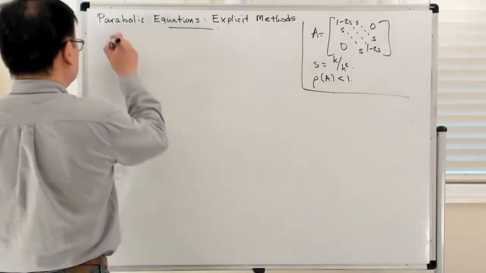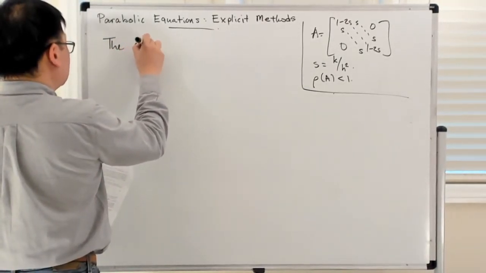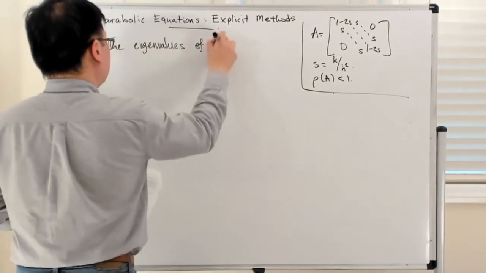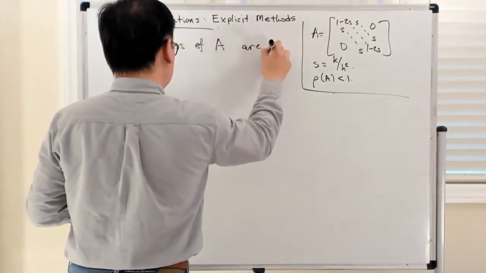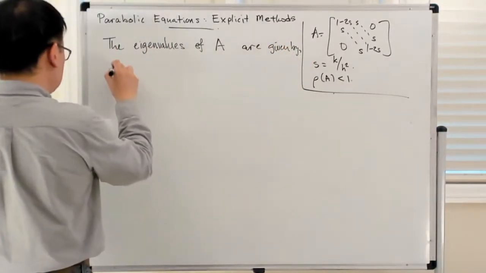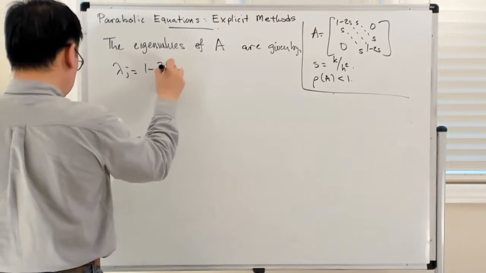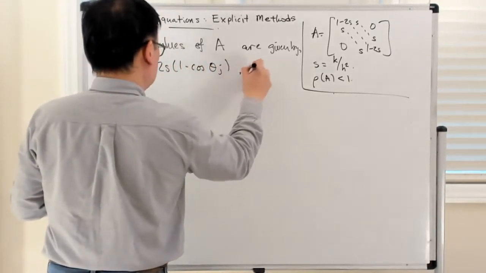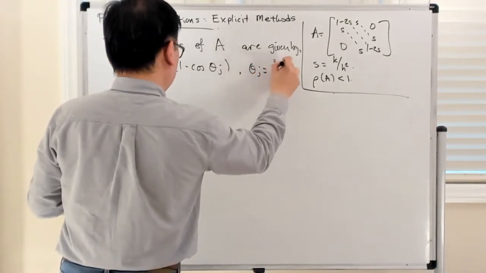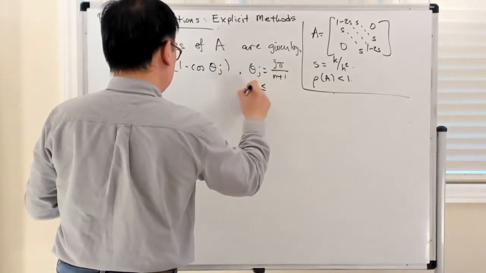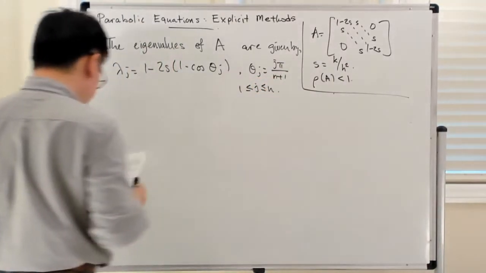Okay, so the eigenvalues of A are given by lambda j equals 1 minus 2s times 1 minus cosine theta j, where theta j is equal to j pi over n plus 1, and j goes between 1 and n.